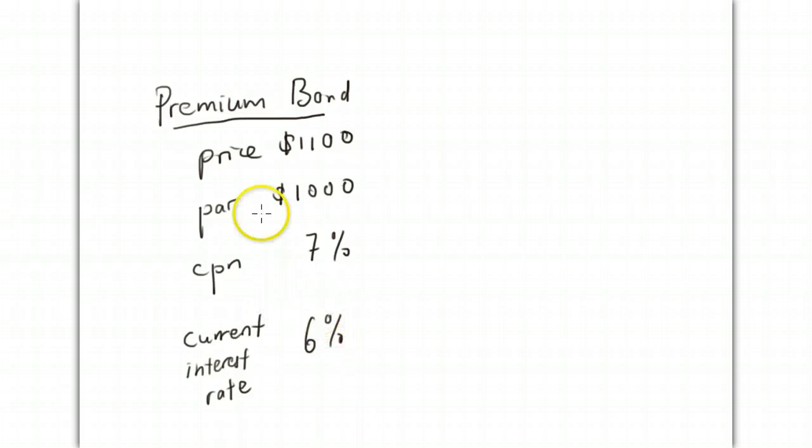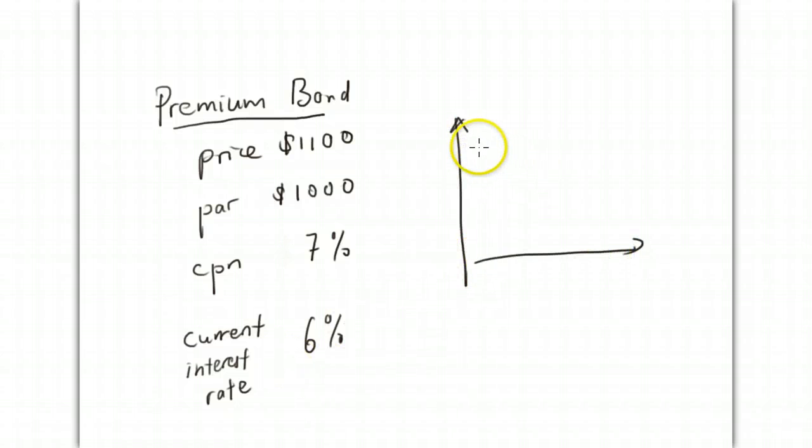In this case, someone would be willing to pay a premium since it has a larger coupon rate than the current interest rate. Also, if he predicts that the current interest rate would continue to decrease in the future, he would hold on to this bond with a higher coupon to enjoy a higher rate of return.